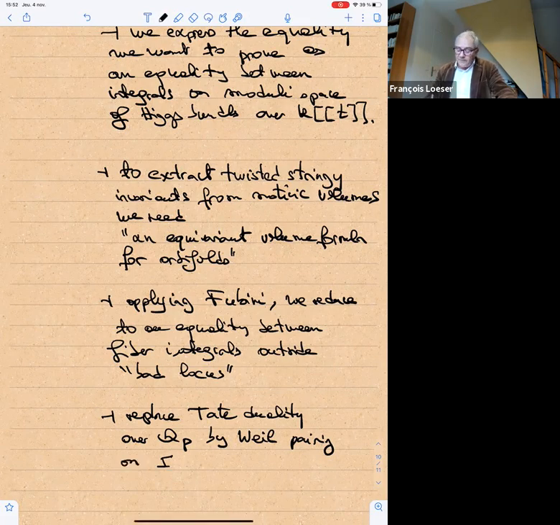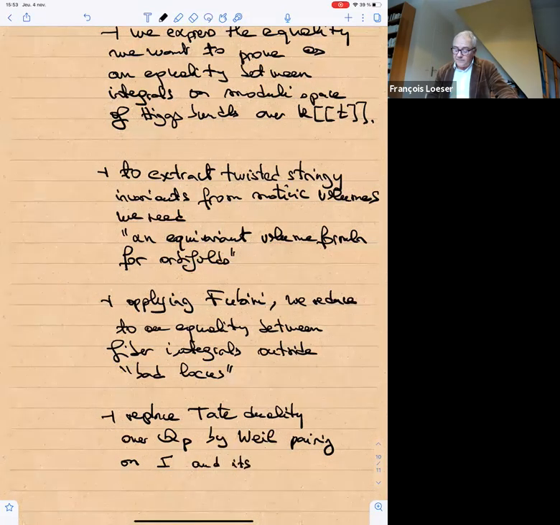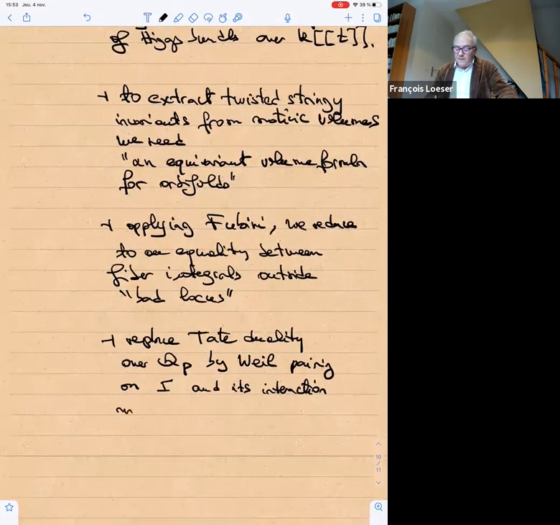So on Gamma, we then need to understand the interaction of the Weil pairing with Néron models of generic Hitchin fibers.